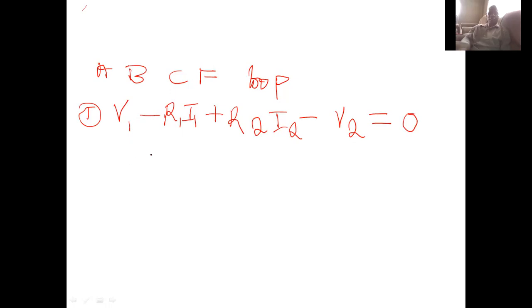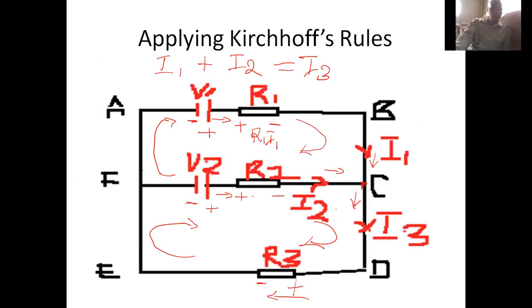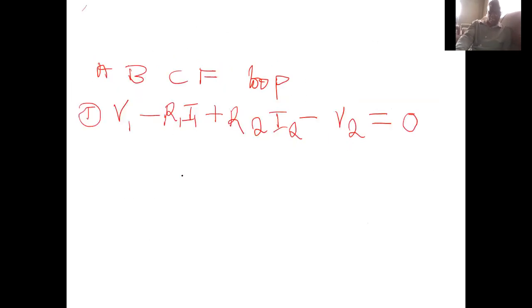Now let's look at another loop. Another circle that we can make is FCDE. We have loop FCDE, which is a loop.